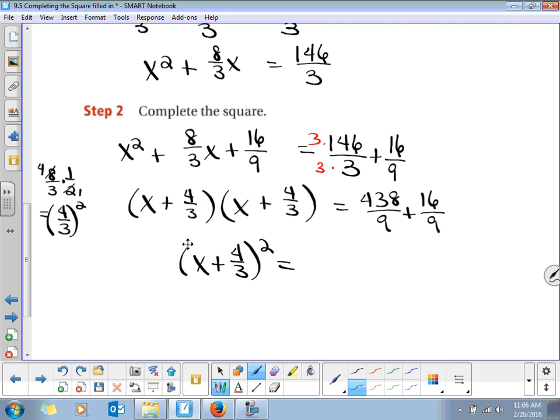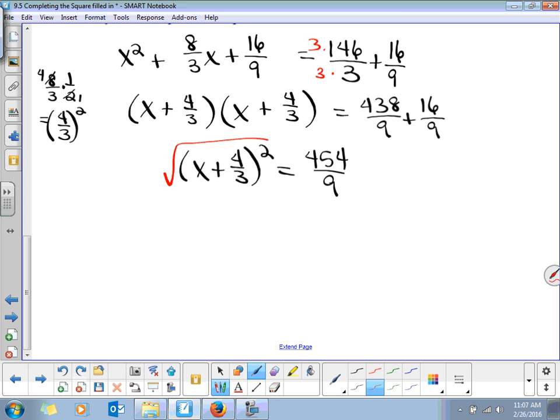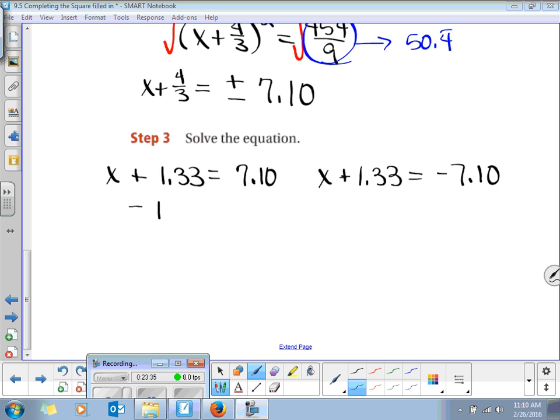And then on the other side, to get my x plus 4/3 by itself, we're going to take the square root. So we've got x plus 4/3 on one side, and on the other side we have a plus and a minus. I'm going to go ahead and write it as a decimal now. So we wrote it as a plus 7.10 and a minus 7.10.